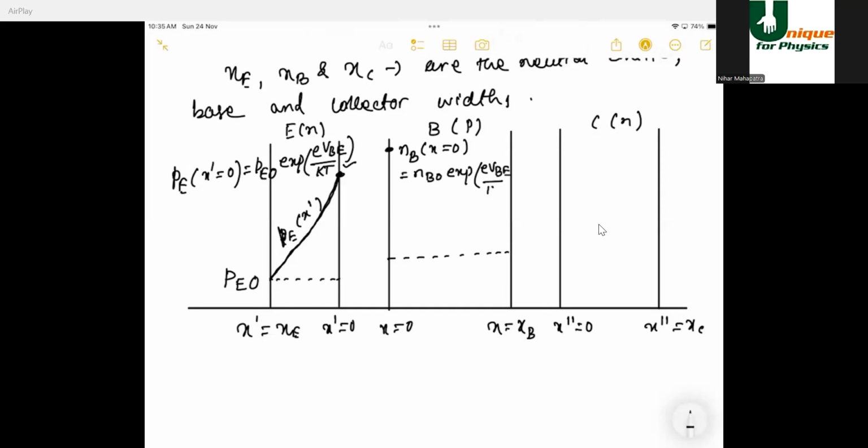Then the base collector junction is reverse biased. So from the maximum concentration, it will come back to the thermal equilibrium concentration NB0, and then further to 0, because it is reverse biased. So the minority carrier concentration at the edge of the junction will be 0 here.